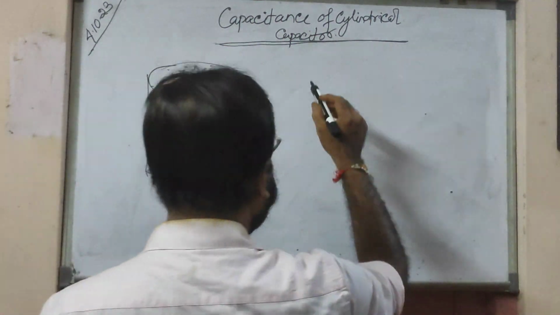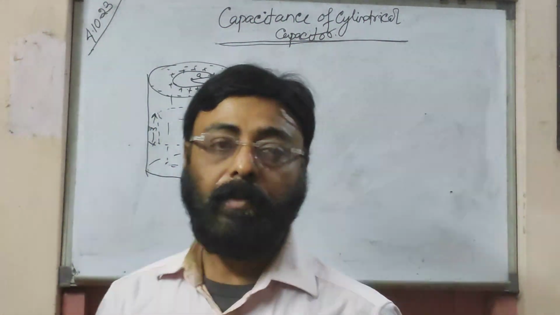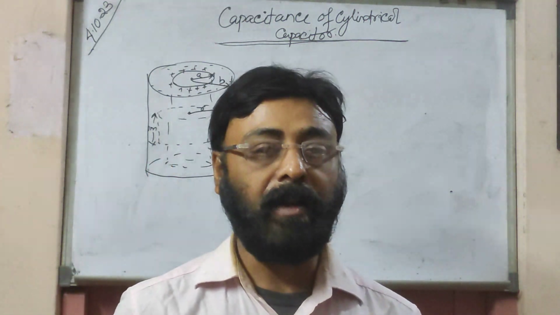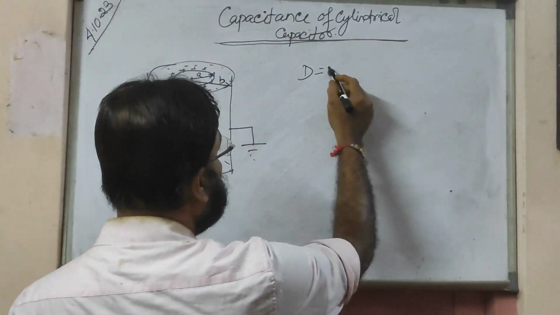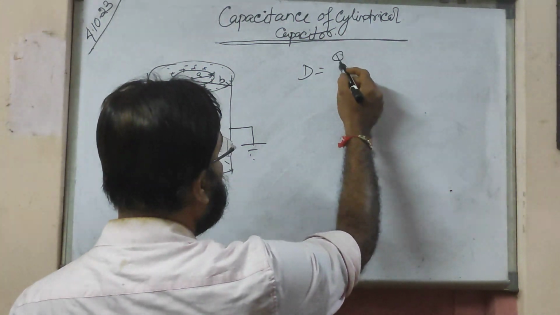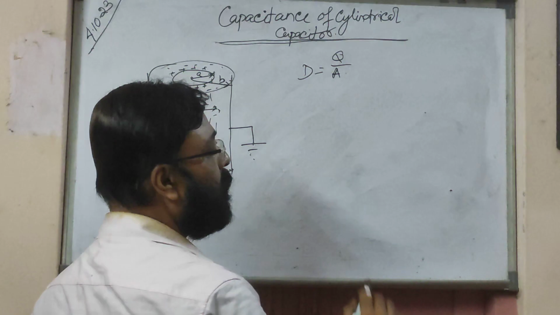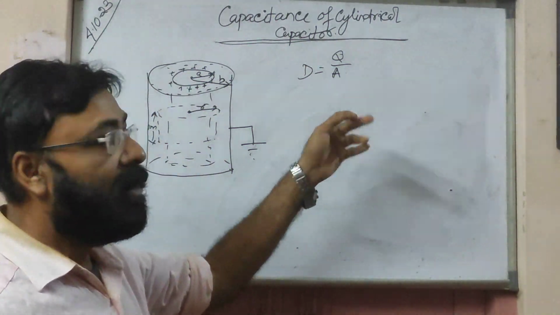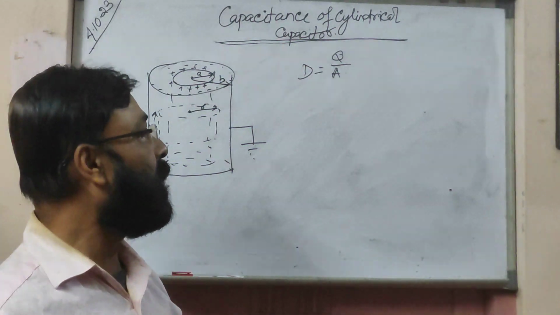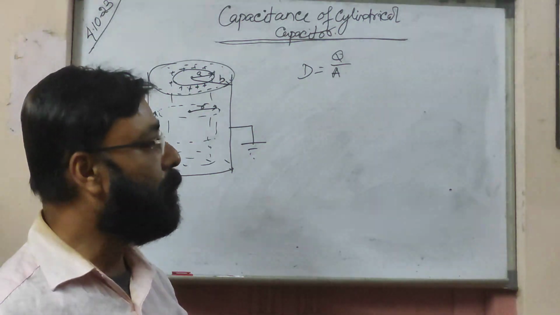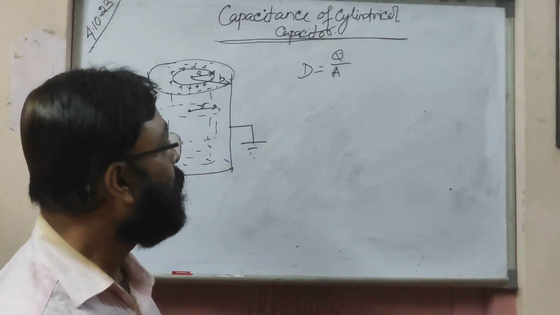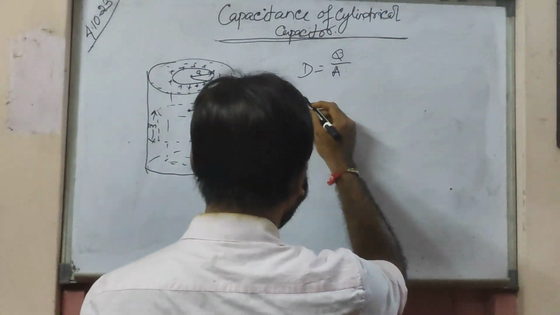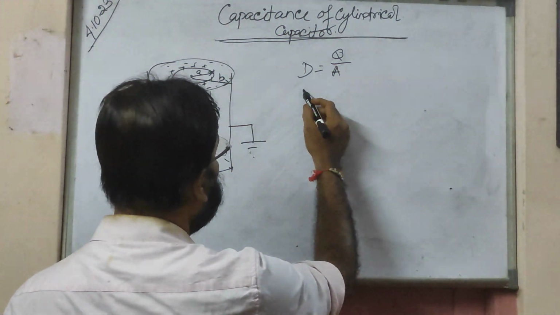Now we know that according to Gauss law, the flux coming out is equal to the charge enclosed. From that, D is equal to Q by A. In integral form, the surface integral of D dS is equal to Q. So the flux coming out is equal to the charge enclosed. Now what is the area of this imaginary cylinder?